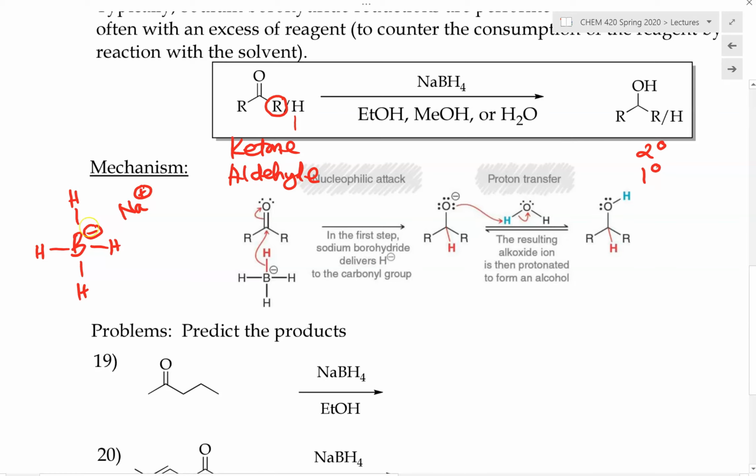If we look up the electronegativity of boron, it is 2.0, and it has a negative charge on it, so it is not very stable with the electrons. Therefore, it is very likely to give an electron pair to the hydrogen, producing the hydride. So it is a source of hydride.